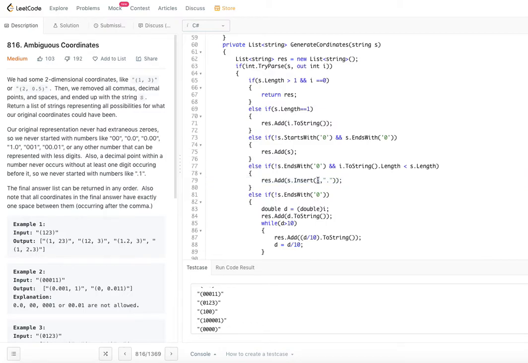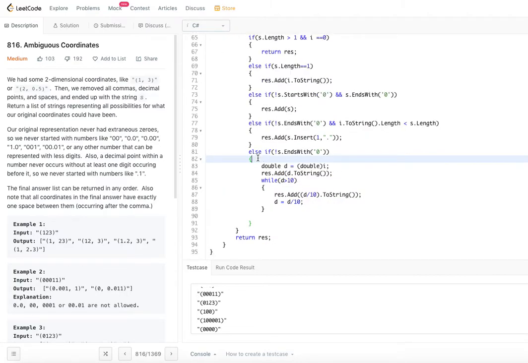So if this is a number, then we are going to insert it as 0.001. That is what this code is, right? And if it doesn't end with 0, this is the final case. That means it is a valid number which is not ending with 0. Then we are going to divide that number by 10 and keep adding that double number into the result. So this will have the final answer, right?